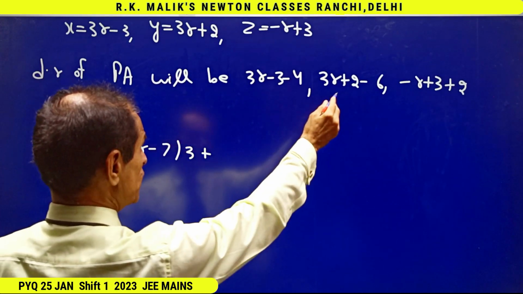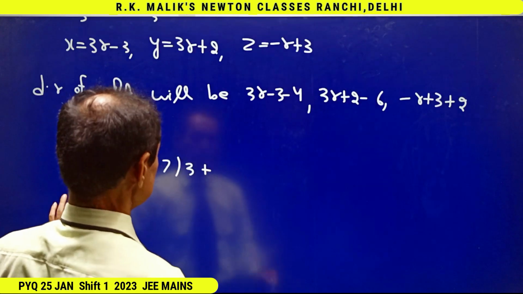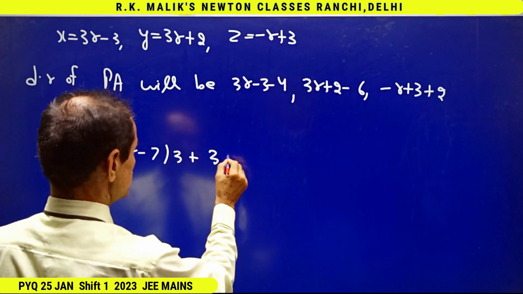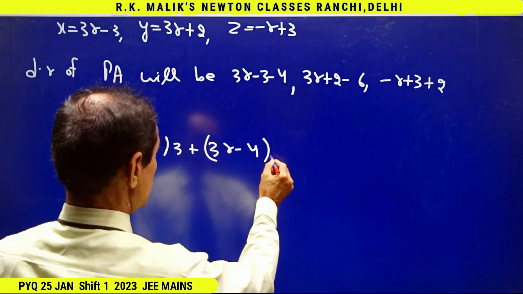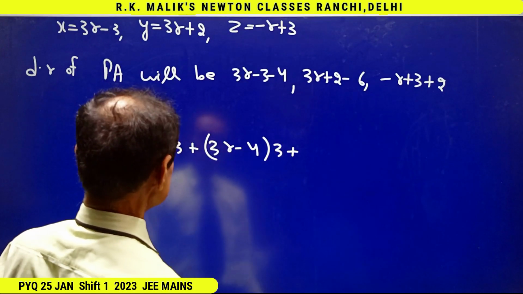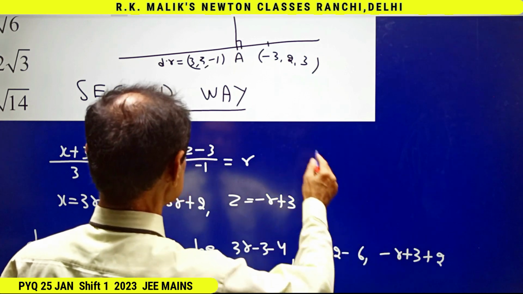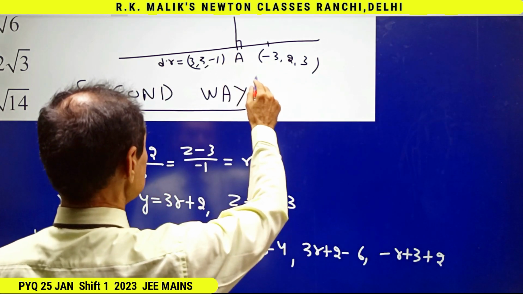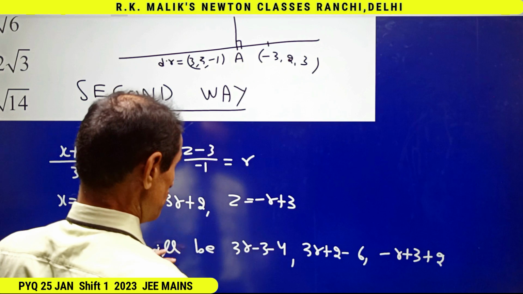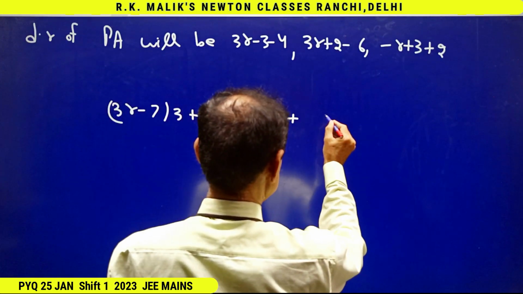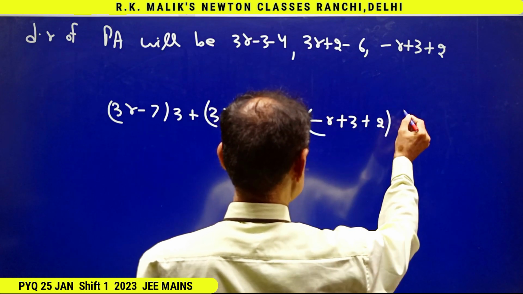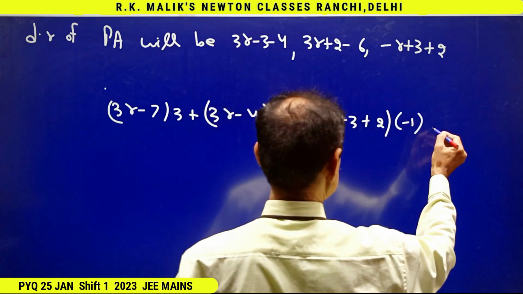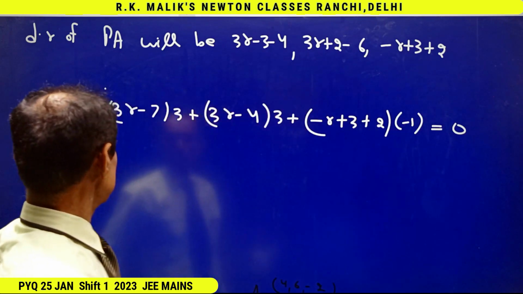plus y2 minus y1, that is 3R minus 4 into 3, plus minus R plus 3, that is z2 minus z1, into minus 1, equal to 0.